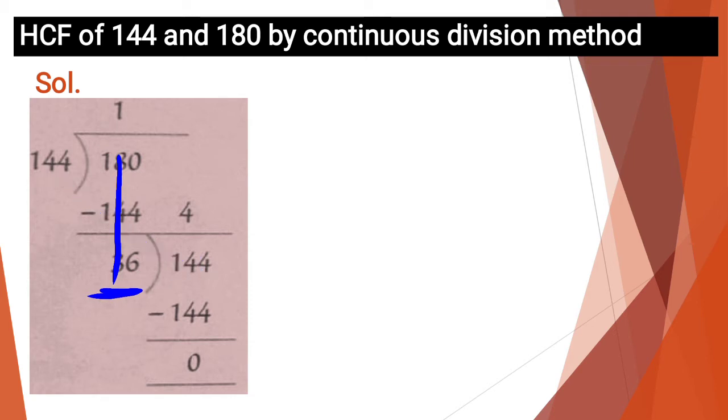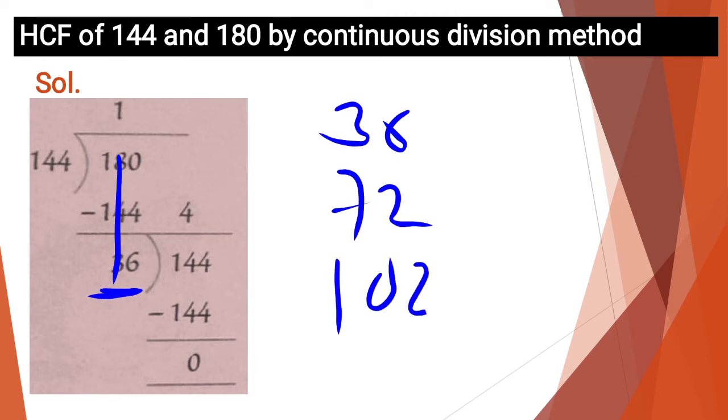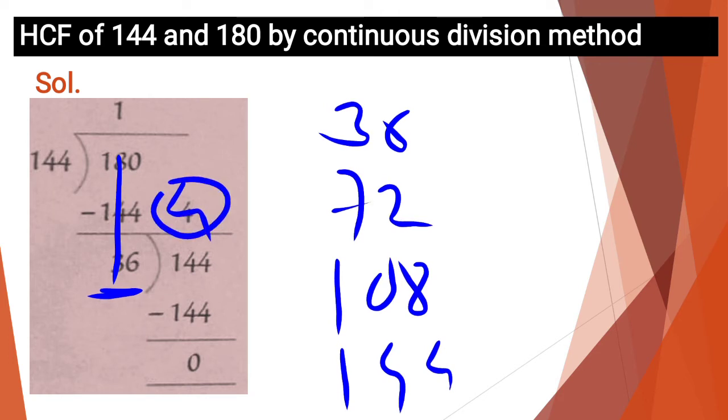Now we have 144 and 36, and we have to make the table of 36. 36 ones are 36, 2s are 72, 3s are 108, and 4s are 144. I think we don't need the next numbers. So 36 fours are 144.